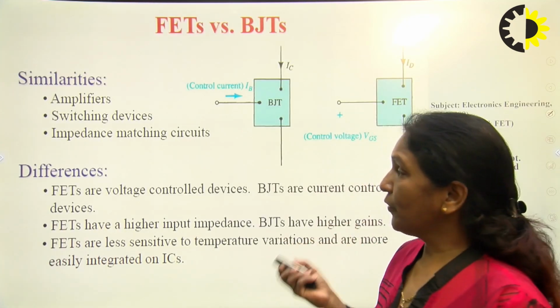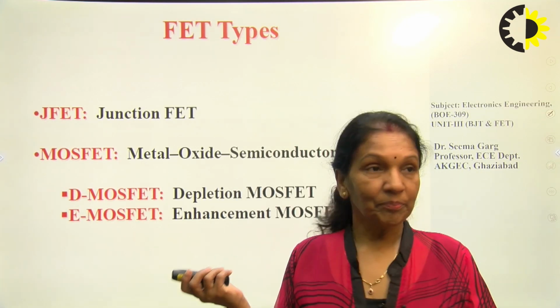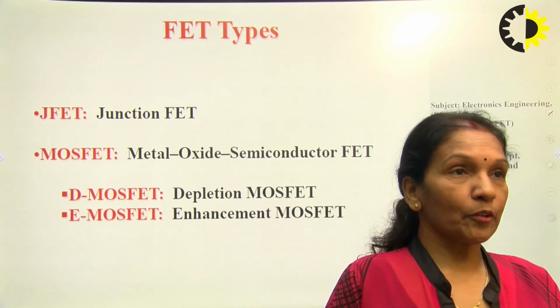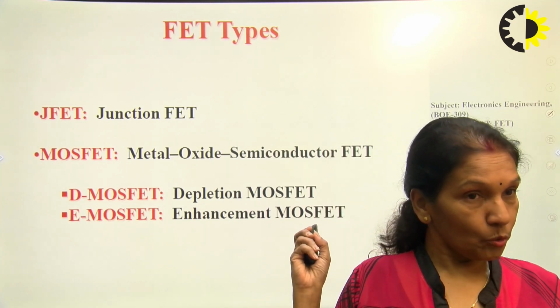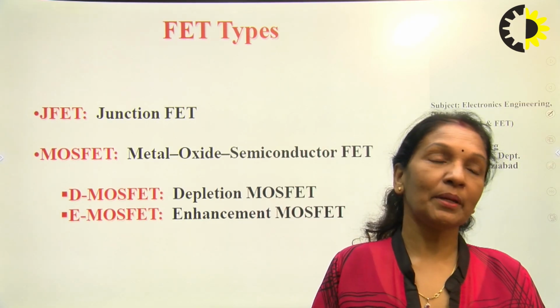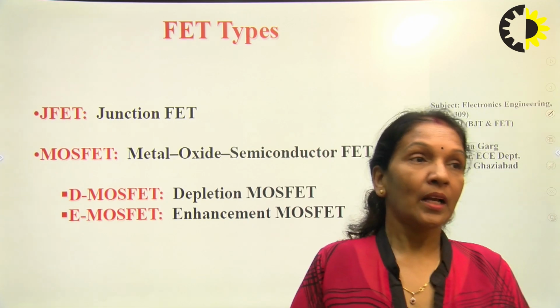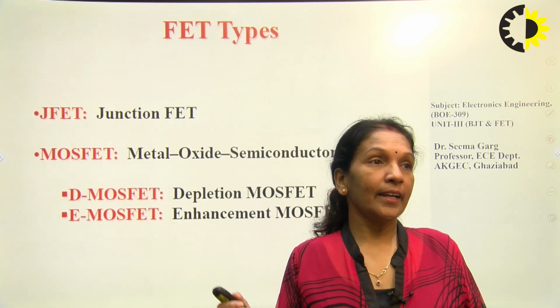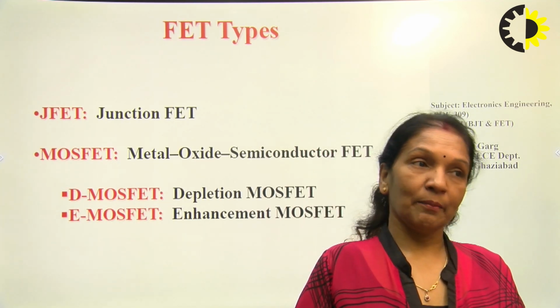We have also discussed the various types of field effect transistor. There are two types: junction field effect transistor and metal oxide semiconductor field effect transistor. Junction field effect transistors are again of two types, the N channel and the P channel.